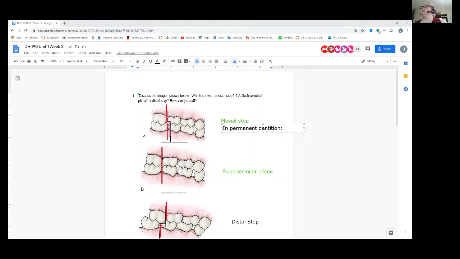Group 4 is Dominic, Journey, and Sarah. Can you repeat the question, please? So how would you describe the mesial step in the permanent dentition? Which teeth are going to be lined up and how?